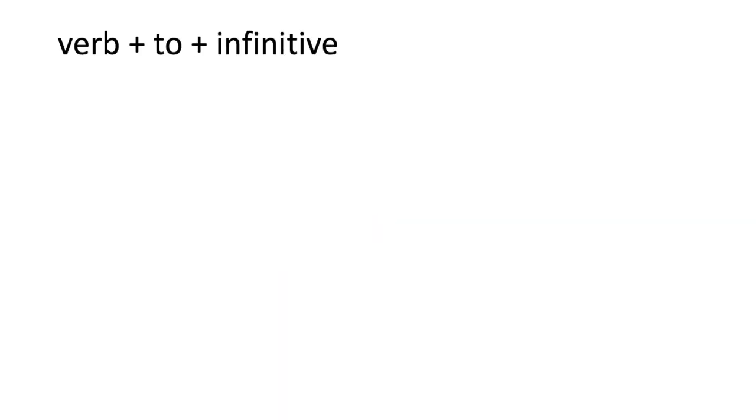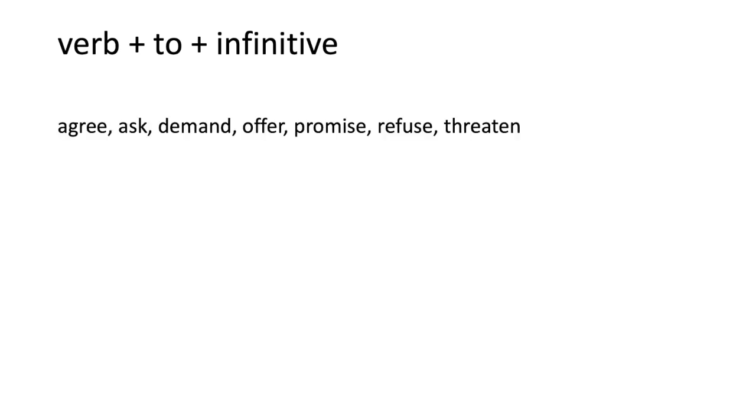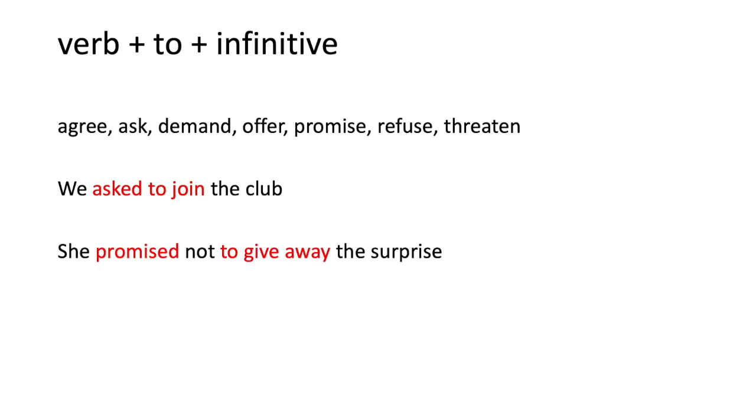Here is another category, verbs followed by the infinitive with to. Examples. We asked to join the club. She promised not to give away the surprise. Now, I should point out here, these words can also be used in a different category, followed by a that clause.